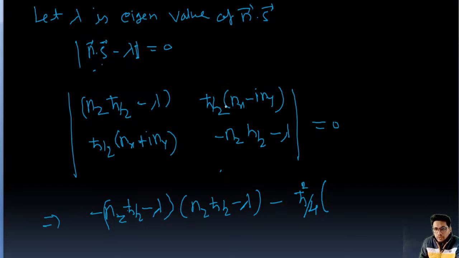So this is going to be a plus b, a minus b, a square minus b square, right? So nx square plus ny square. Because iota square is minus 1, minus 1 minus 1 plus 1 ny square. That is equal to 0.